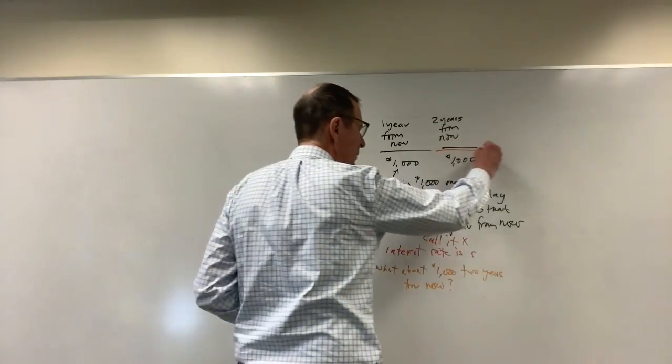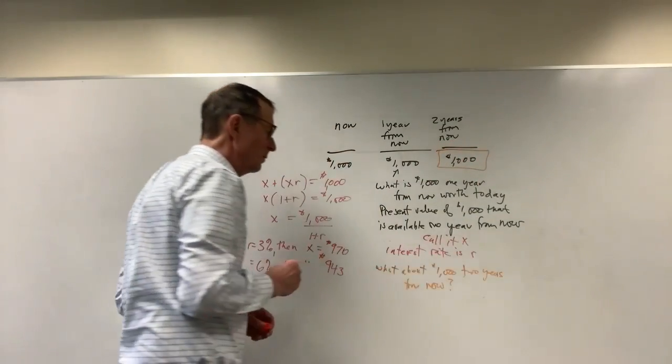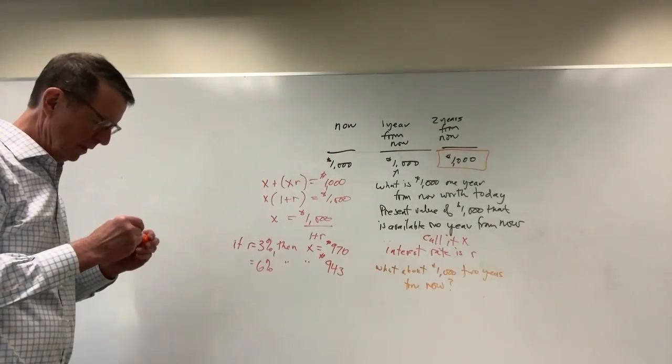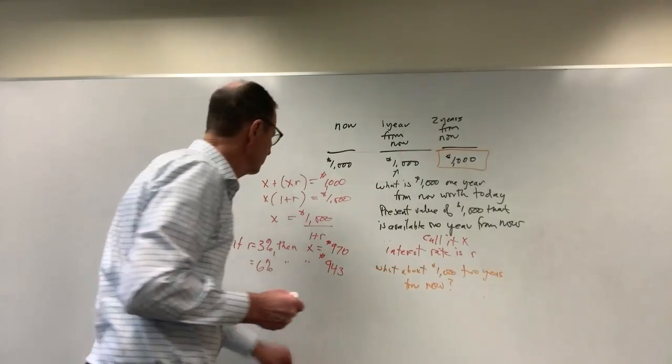In other words, what about that amount? What's the present value of $1,000 that's not available until 2 years from now?